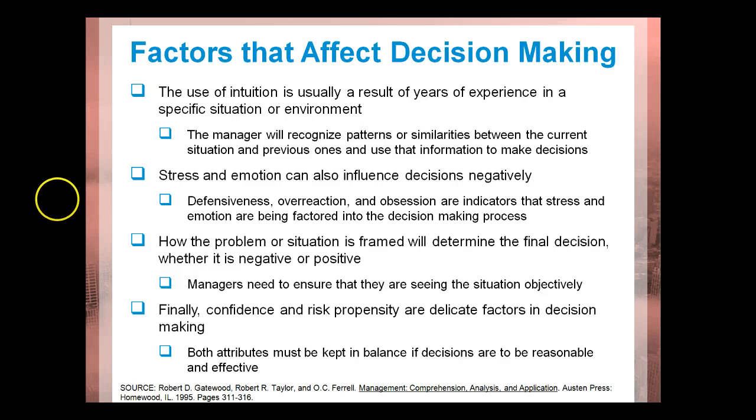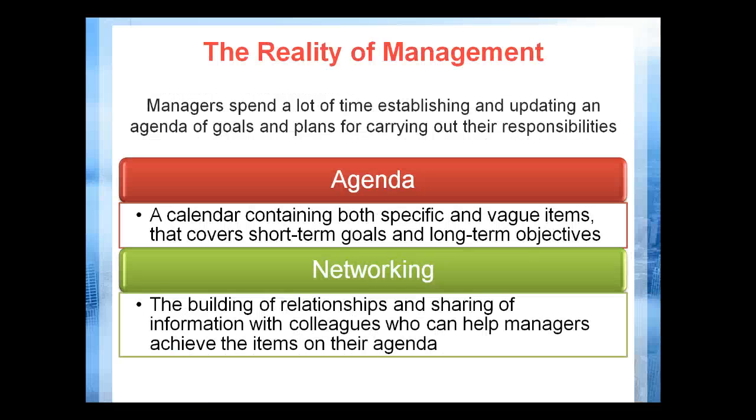We're also going to frame how well the situation will have an impact, positive or negative. So we have to try to find a way to be objective so that we can make a decision in the most fair way possible. And we're also going to have some confidence in our ability to decide and do what's right. So being able to keep a balance, being able to be reasonable in the way we think and how we approach our issues and problems and how we fix them, and being responsible when they don't work.